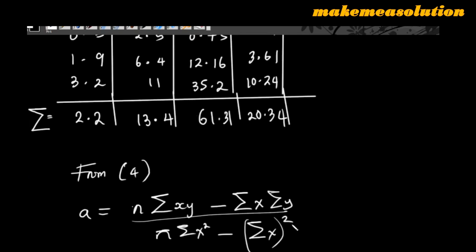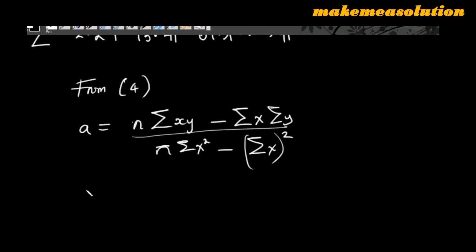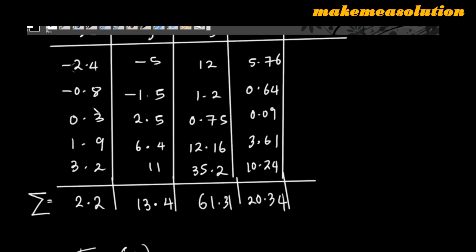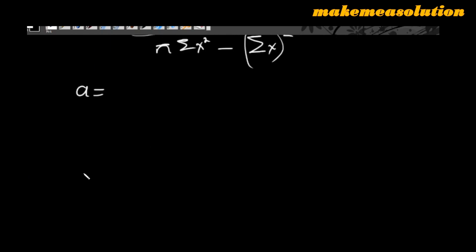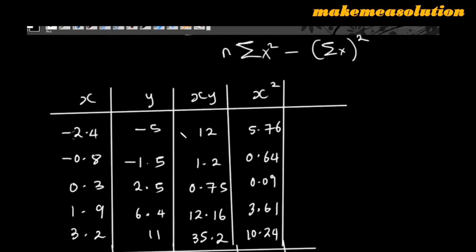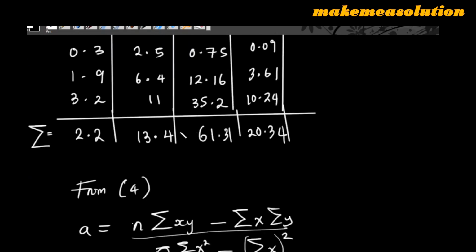This is how I can get a, which is the supposed slope of the line, and we are dealing with 5 points. We're given 5 points, so you have 1, 2, 3, 4, 5. So n is 5, and summation xy is 61 point something.